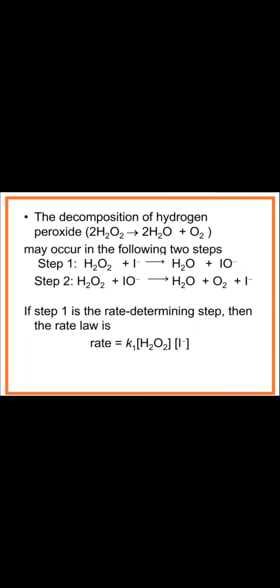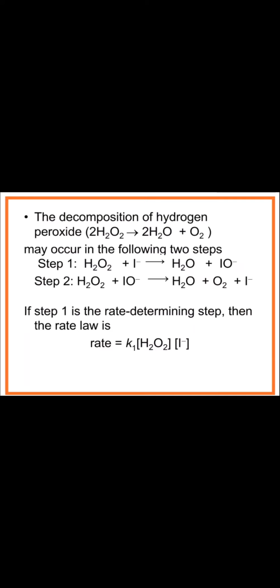Let us discuss another example, the decomposition of hydrogen peroxide forming water and oxygen. This reaction also consists of two steps, and it is carried out in the presence of iodide ion. So iodide ion acts as a catalyst and IO minus is present as an intermediate.